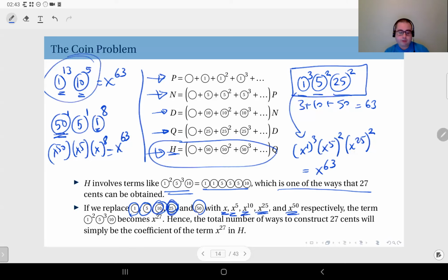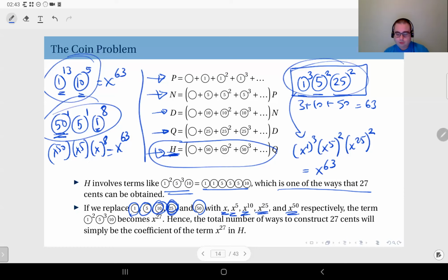So this one appears once, this one appears once, this one appears once, etc. So to count them in the final polynomial that will represent H, I will just have to look at the coefficient of x to the power 63, because that will precisely tell me how many combinations make 63 cents in total, right? The coefficient of x to the power 63 is precisely the number of ways I can obtain 63 using 1s, 5s, 10s, 25s, and 50s.